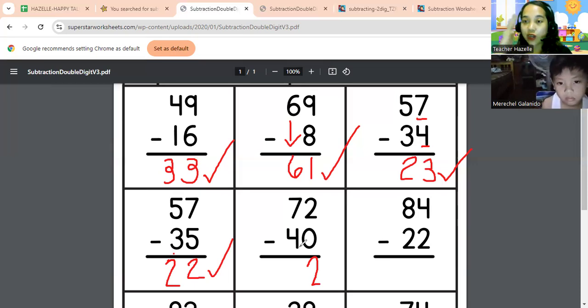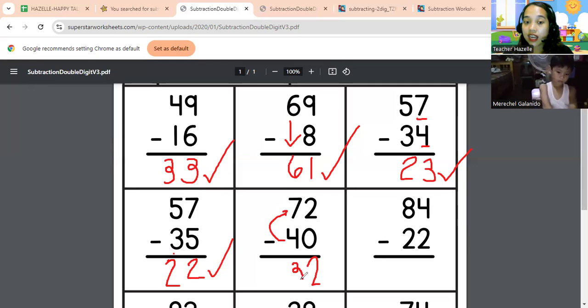You have 7, you're going to take away 4. How many is left? So you have 4. From 4, you have to count until you reach 7. Okay, you can do it. 3. Correct.